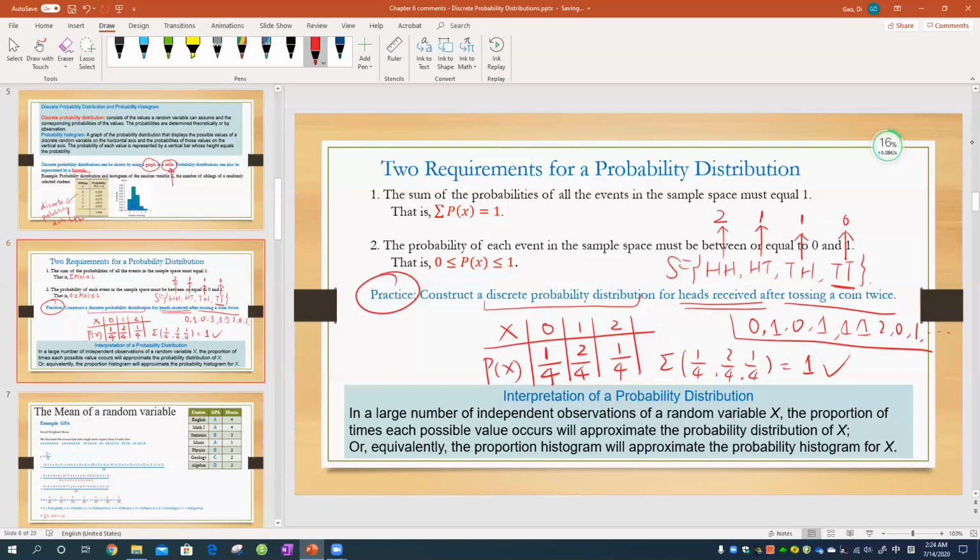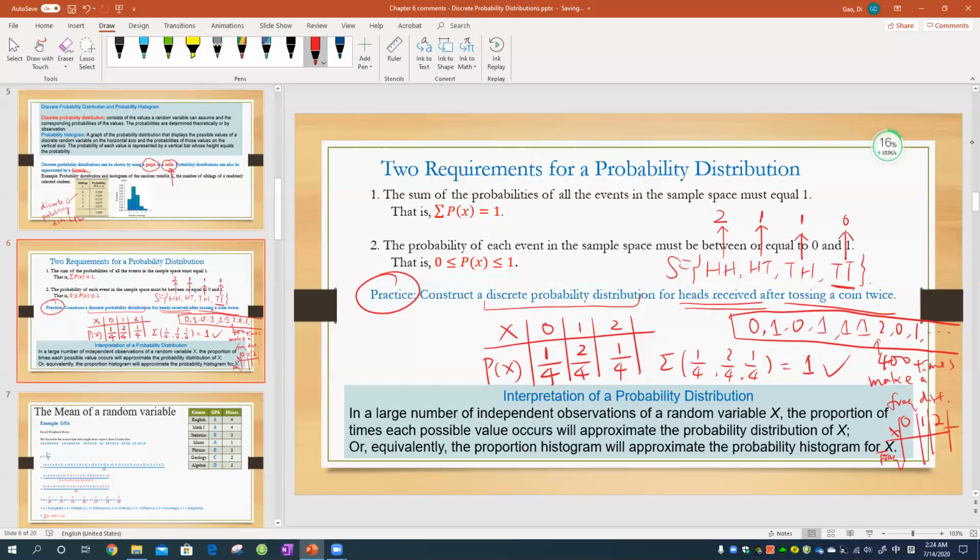So you will see the results will be limited to 0, 1, and 2 after you do the same experiment. Let's say you do it 400 times. So you're going to have 400 numbers in this data set. And then you can make a frequency distribution. It's going to be 0, 1, 2 as x, and then the frequency.